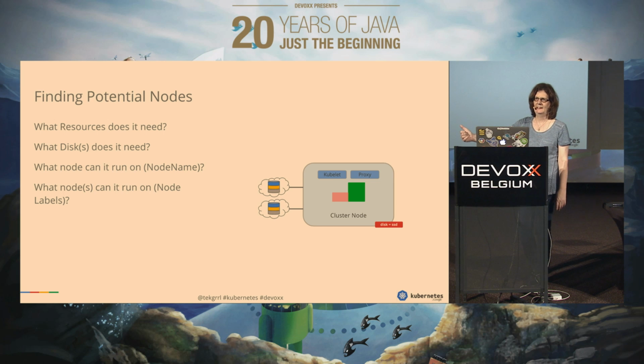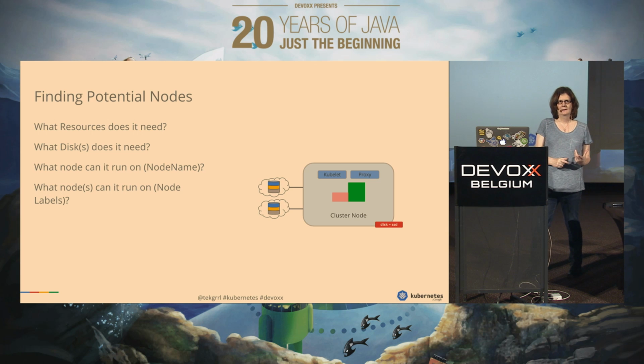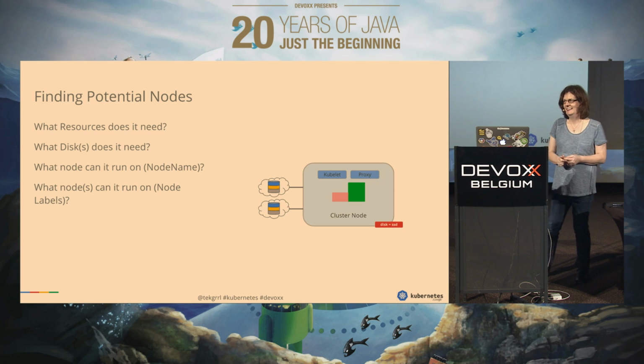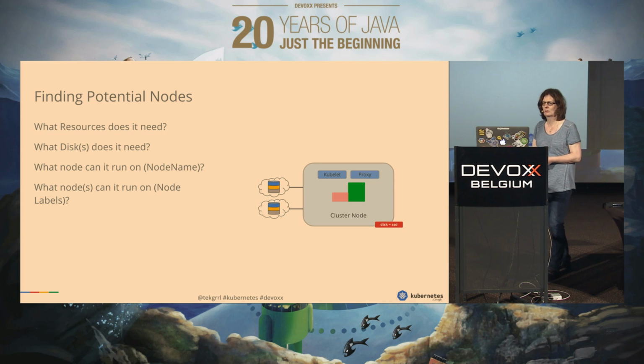What resources does it need? So how much memory and how much CPU is it requesting, or what are its limits? Does it need a specific disk? In which case, we need to either mount that disk or schedule it on a machine that has that disk already mounted. What node can it run on? Does it require a specific node by name? And again, this is very snowflakey. This is not the best situation.